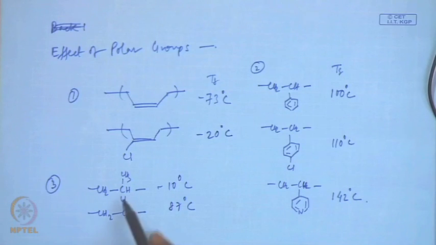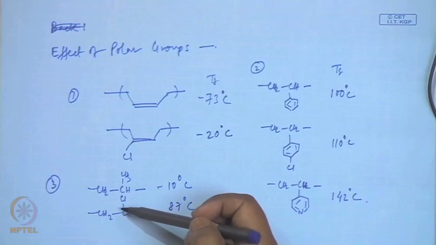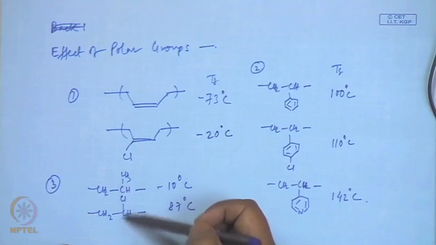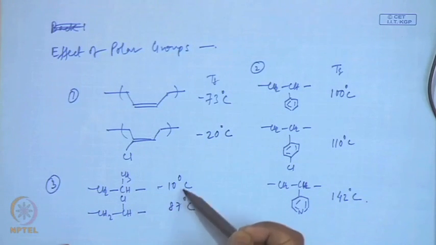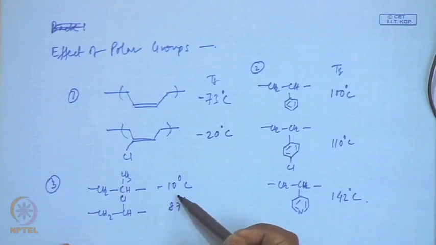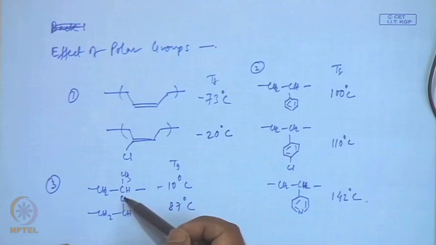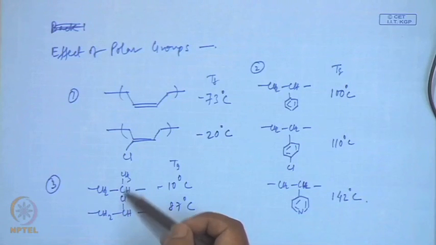So, for example, here the effect of this chlorine and methyl group on the rotation, basically the steric effect caused by these two, is almost similar. So, any change in these Tg values is most likely because of the intermolecular forces between the two chains.